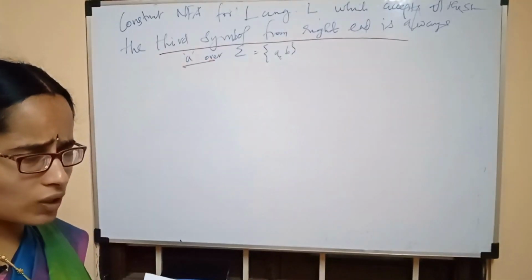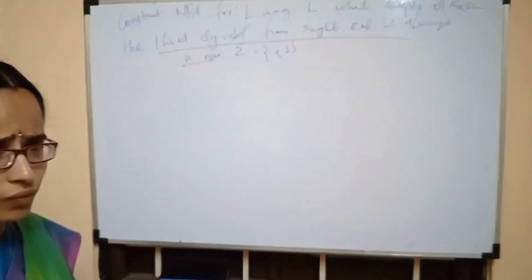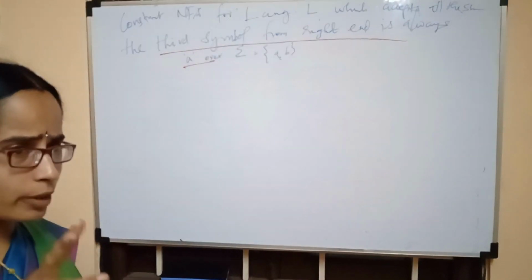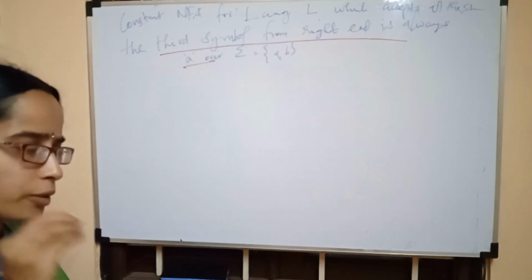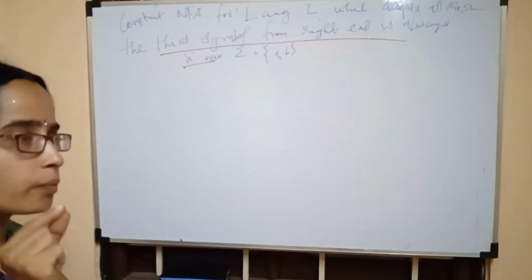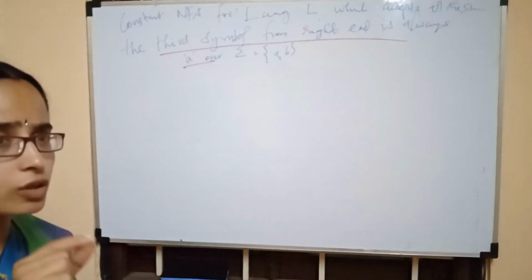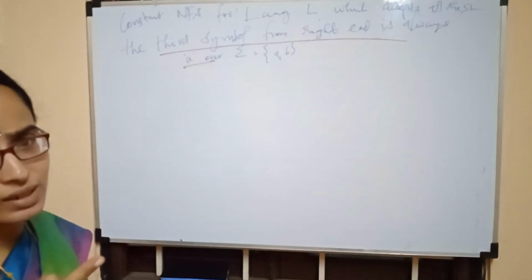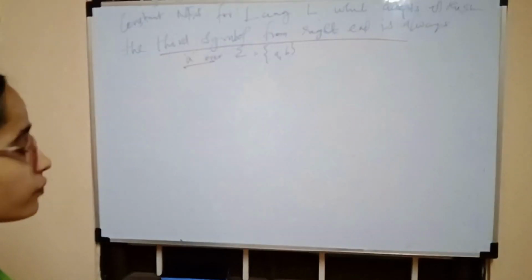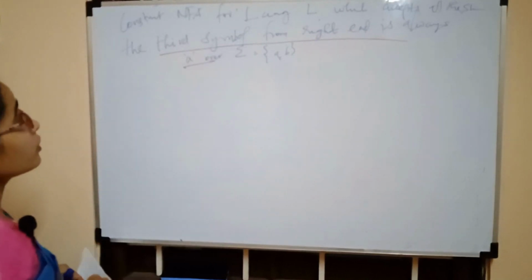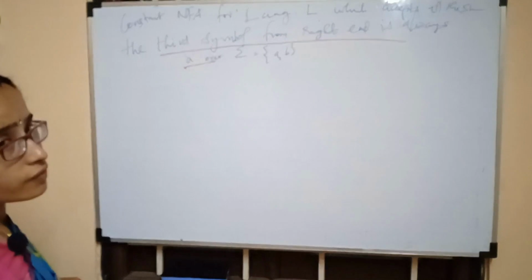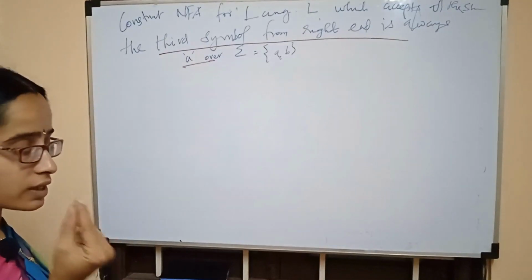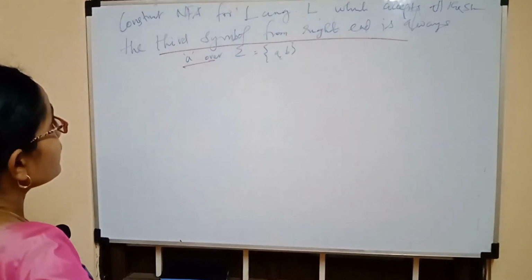NFA means non-deterministic finite automata, where for a particular state, when you give one particular input, it can go to more than one state. That is called NFA. So for a single input you will have more than one move.